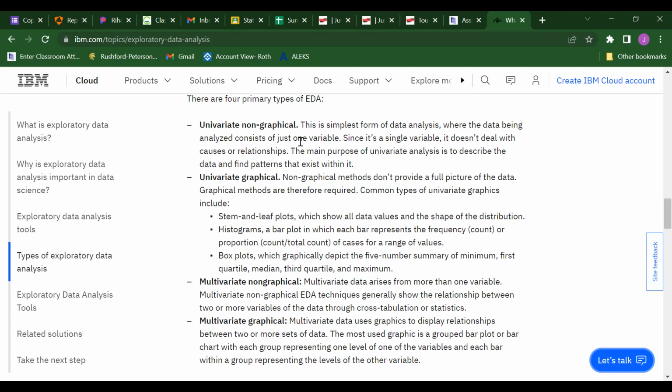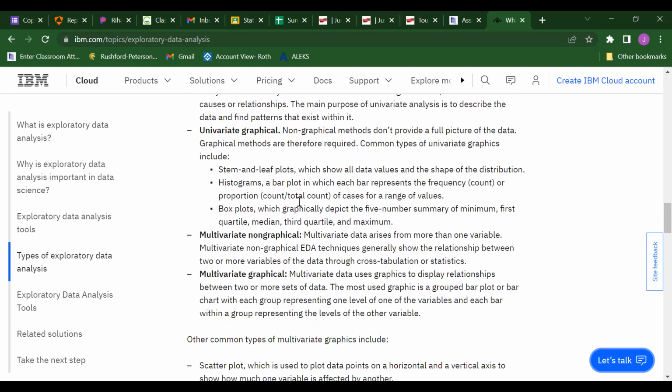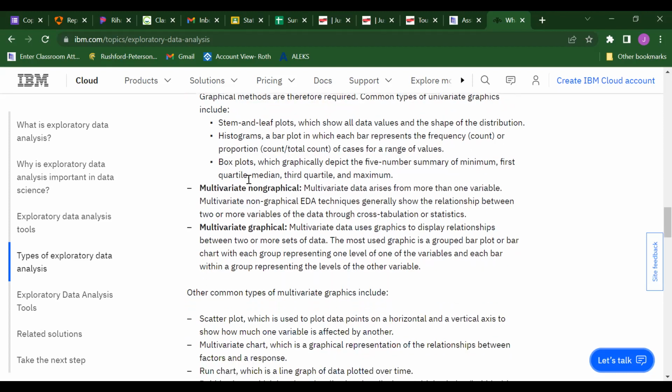Box plots, like a box and whisker plot showing a 5-number summary. So we've done some of these things in the past, actually all of them you've seen before, with univariate graphical data. Again, univariate meaning single variable, but it's graphical, meaning we're getting a visual representing the data.